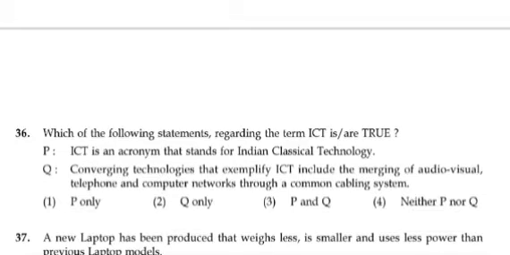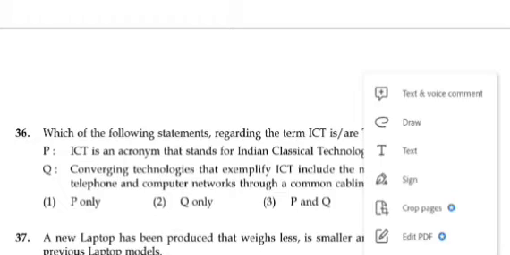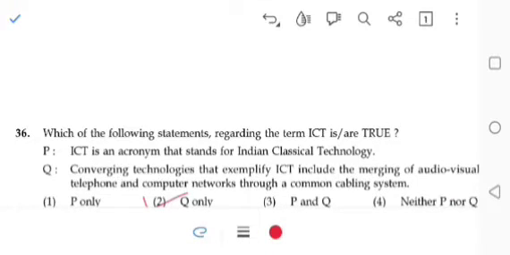Q: Converging technologies that exemplify ICT include the merging of audio-visual, telephone and computer networks through a common cabling system. P only, Q only, P and Q, neither P nor Q. 36, the correct answer will be number 2. That means only Q is our correct answer.